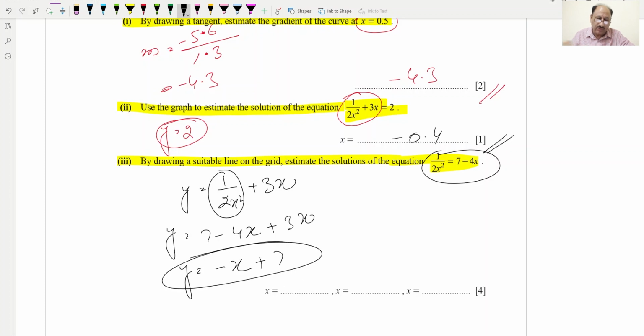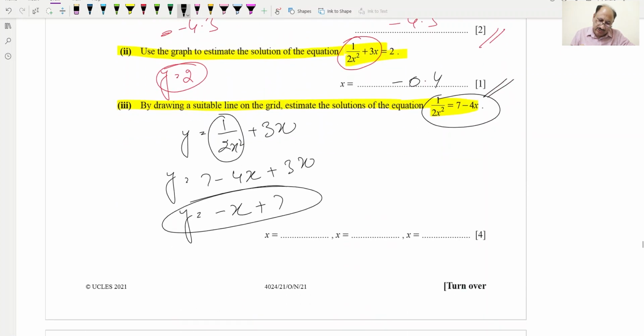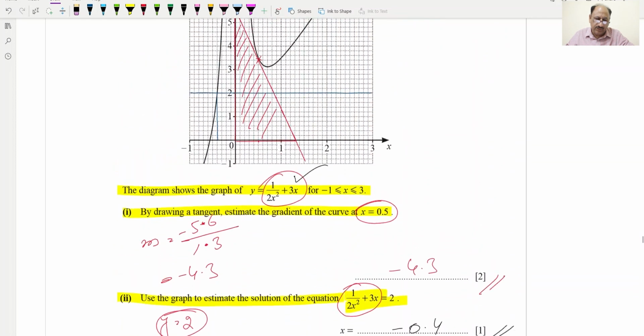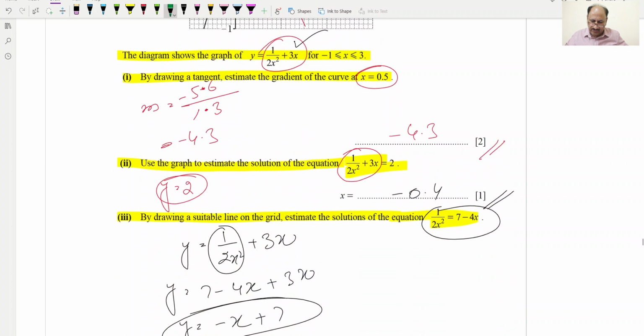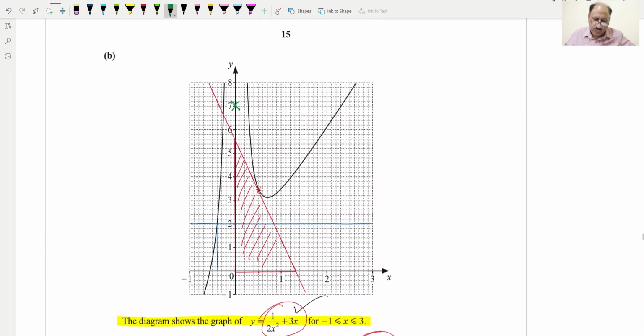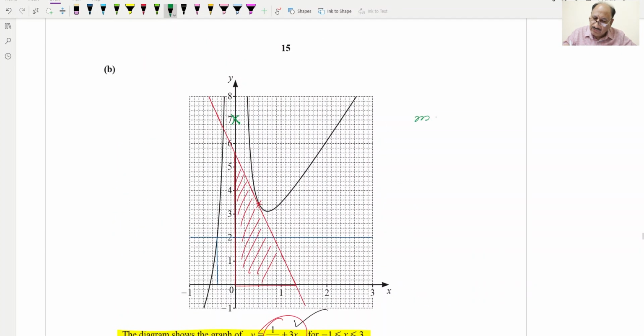So this will be our final equation which we need to draw, and this equation tells us that y-intercept is 7, so we will be marking 7. So our y-intercept is 7. It means line is passing through the 7 mark, and the gradient is minus 1. So slope is minus 1.